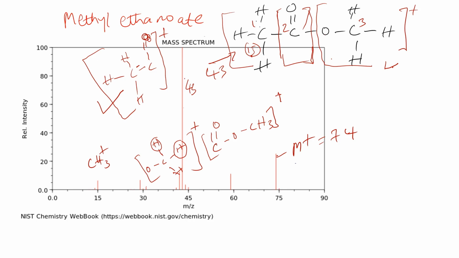So this 29 is as a result of this fragment, CHO plus. I hope that makes sense. I hope we have been able to identify the fragments that correspond to the peaks in this spectrum of methyl ethanoate. So that will be the end of today's video.